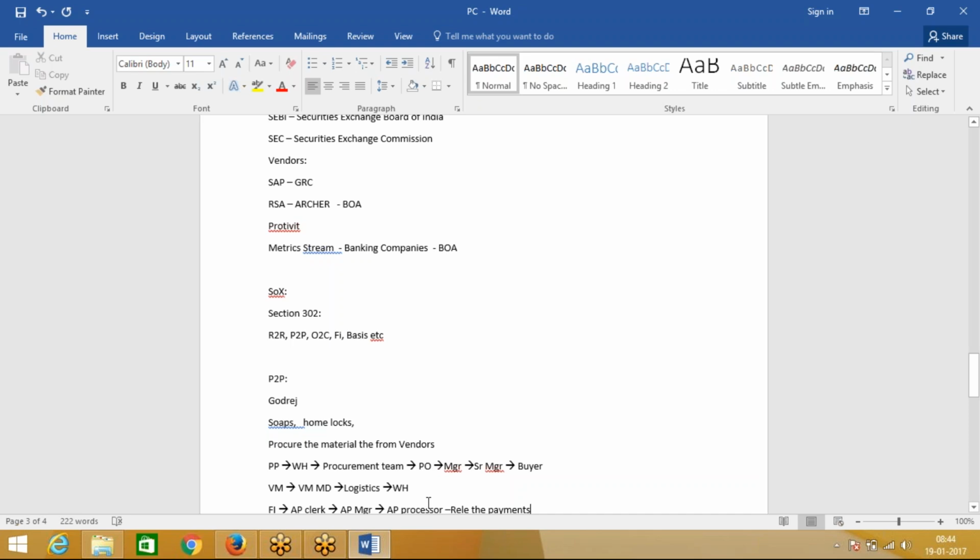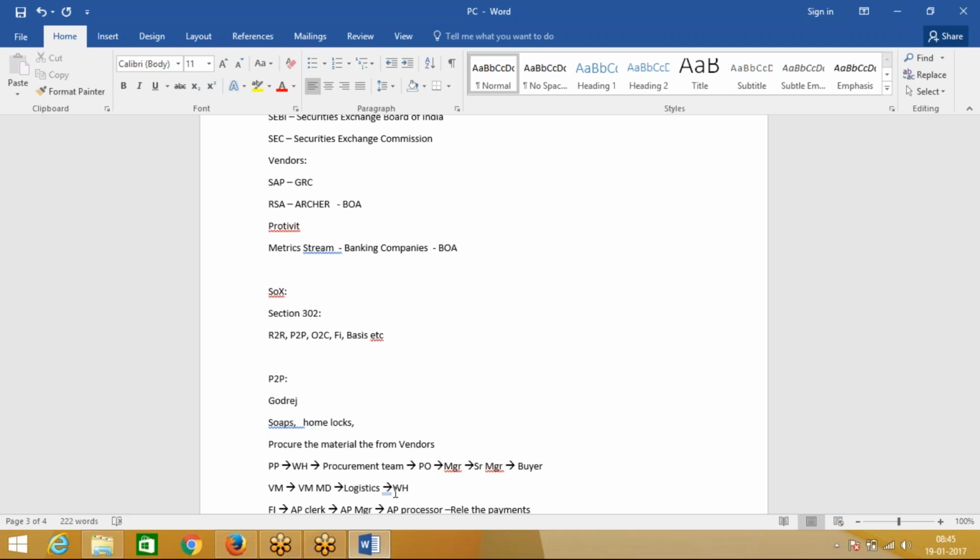So in this process, this is what we have defined. If you come to Section 302, Section 302 talks about this process only. That means we have to define our own internal controls. The company should set up internal controls irrespective of the business process.